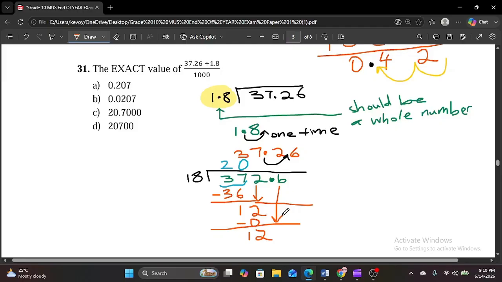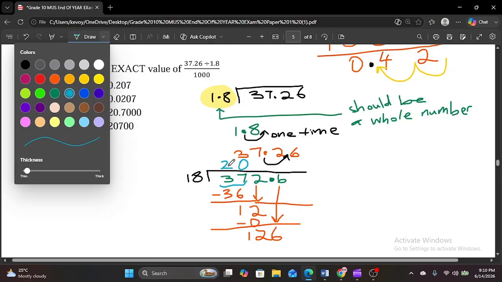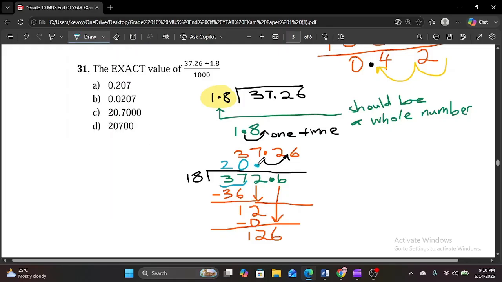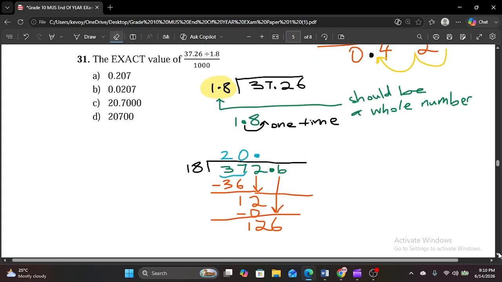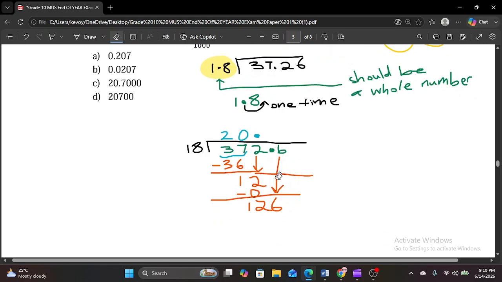But we brought down a number that came after a decimal point. Anytime you bring down a number that comes after a decimal point, you ensure you put a decimal point in your answer. Let me erase the top right here so we can have some more space. Now we have 120. Ensure that any time you bring down a number that comes after a decimal point, the decimal point must be in your answer. That's the reason why I put that decimal point right there.